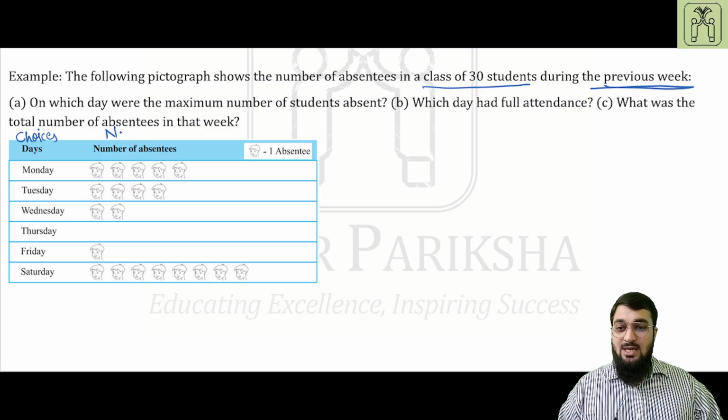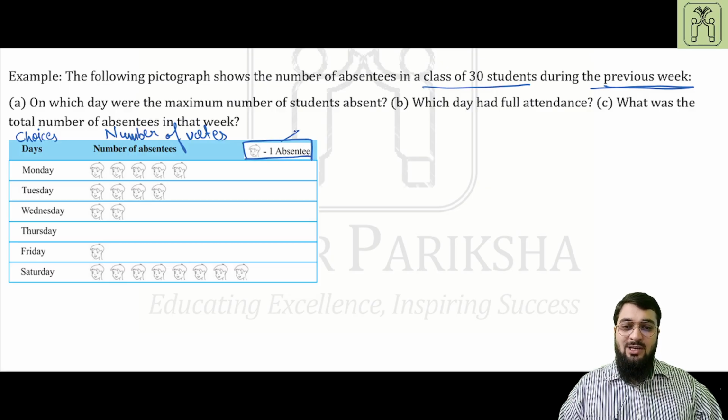Since the thing being counted is absence in class, it is written as number of absentees. Next is the conversion factor, or the scale of the pictograph.